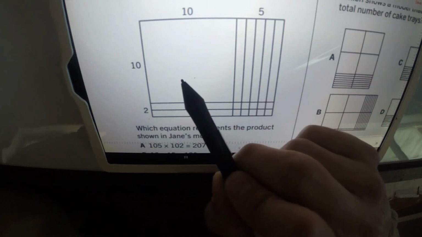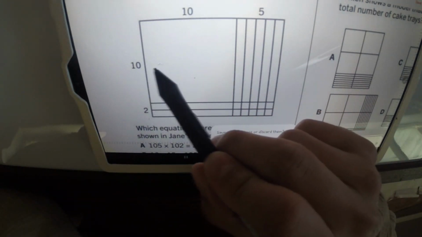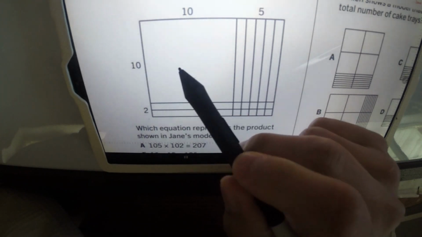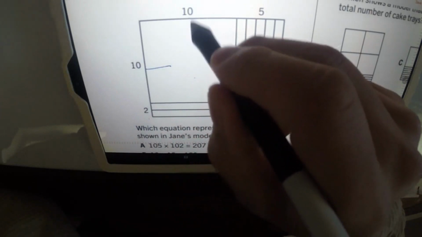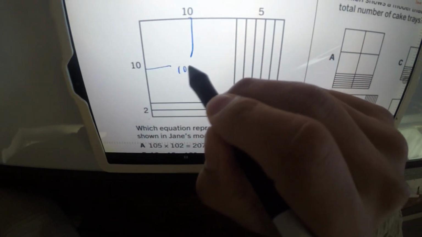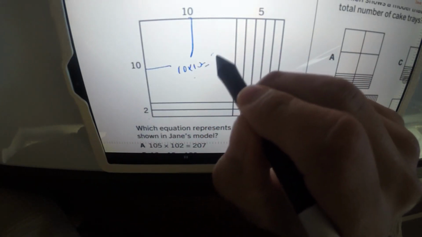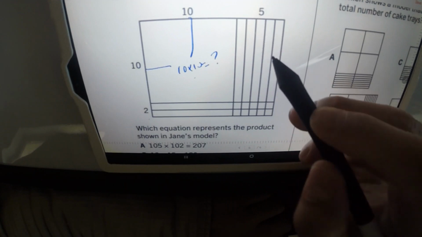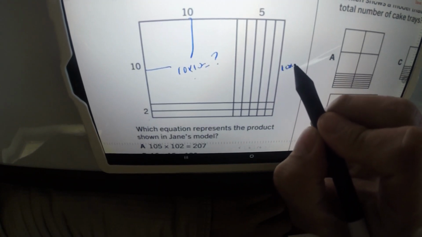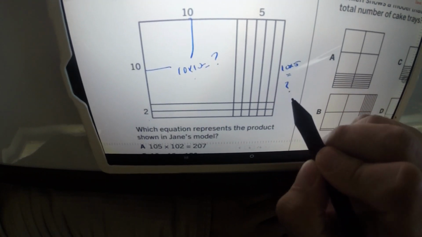So the way you figure this out, you do 10 times 10 for this block right here. 10 times 10 equals what? And you do the same thing for this one. Then 10 times 5 equals what?